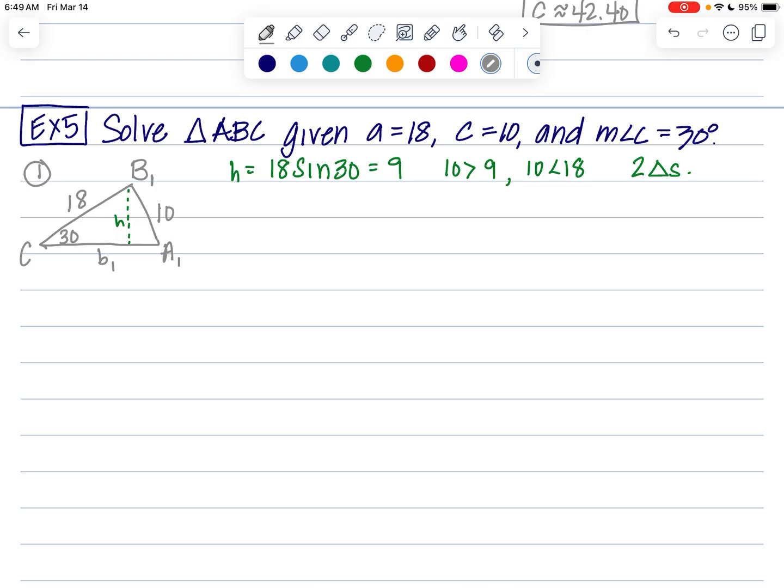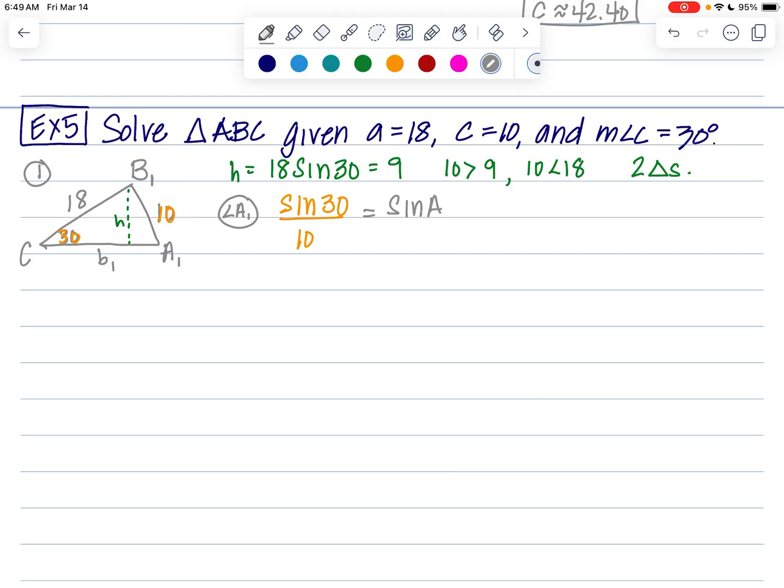We are going to use the ratio that we are given to find whatever else we need to find. So the sine of 30 divided by 10, because this is the ratio that we have complete that has a value. Now I'm going to pick what I need to find. Well, I can't find anything in the B ratio because I don't know the angle nor do I know the side. So that means I have to find angle A1 first. So I'm going to set up my A ratio.